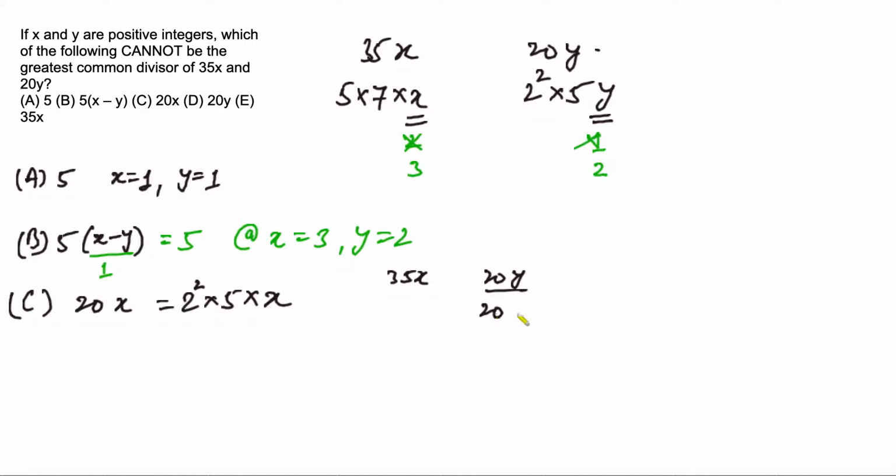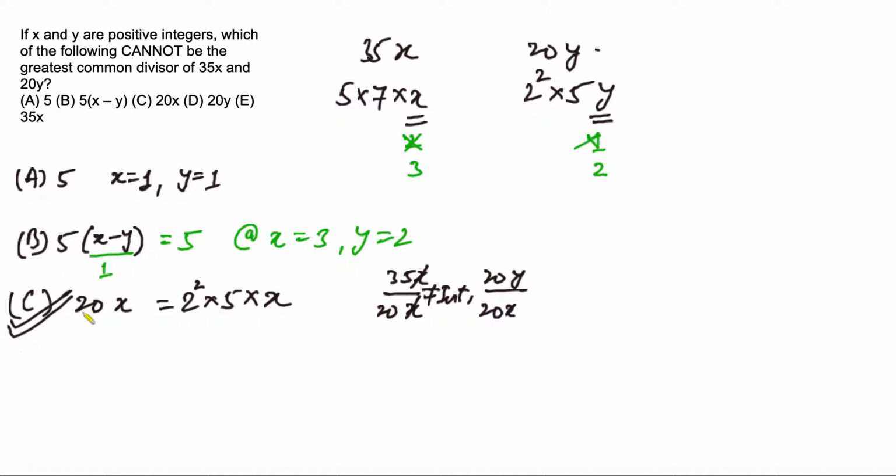Right? When I see 20y, I see that when x equals y, then 20y is completely divisible by 20x. But 35x, when I look at it, I see that x gets cancelled out and 35 is not divisible by 20. Which means 20x certainly cannot divide 35x, and hence it can definitely not be the highest common factor.